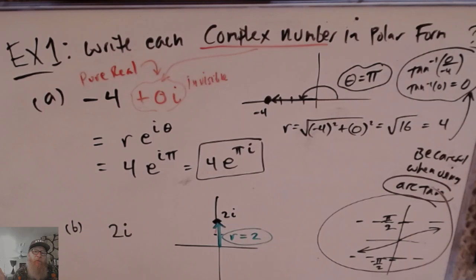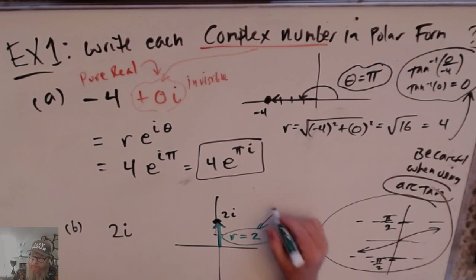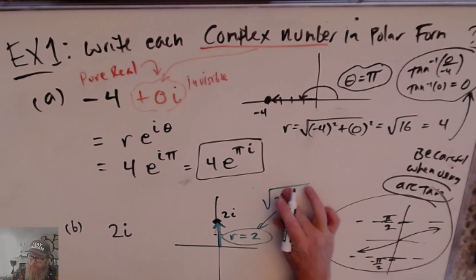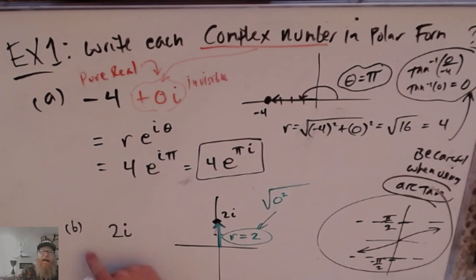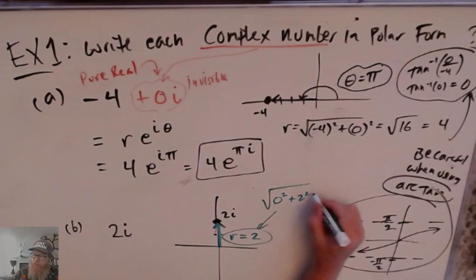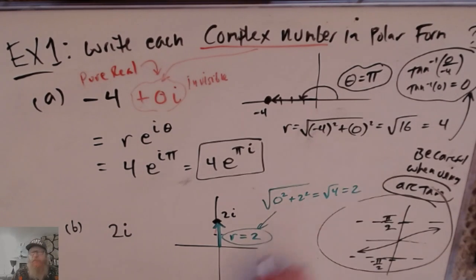If you want to use the formula, you certainly can. It'd be the square root of 0 squared, because a is 0, plus 2 squared, so it'd be the square root of 4, which just goes back to being 2.